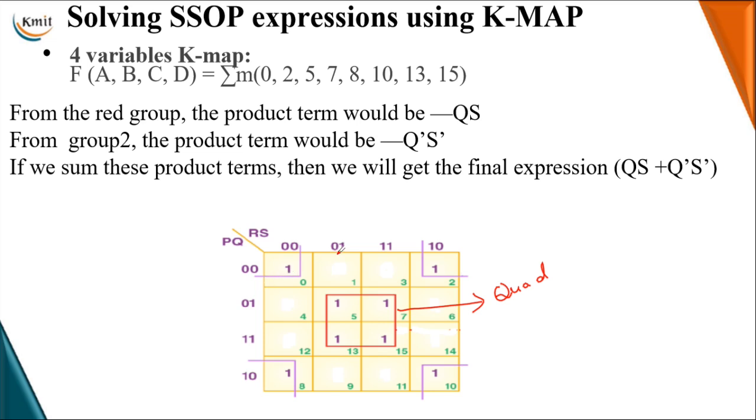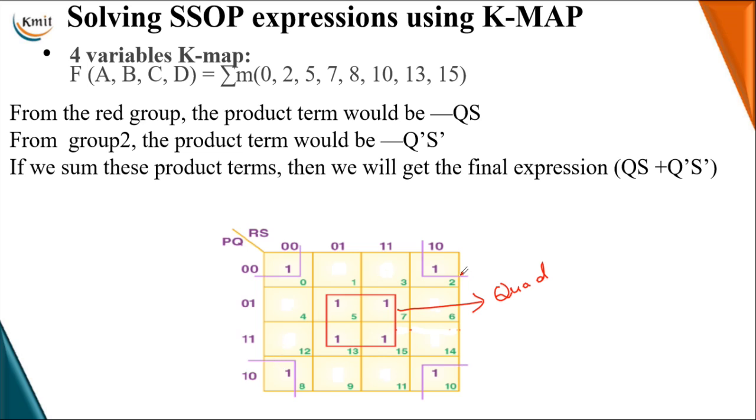Here 0 is adjacent to 2, 2 is adjacent to 10, 10 is adjacent to 8, 8 is also adjacent to 0, because 0 and 8, 2 and 10 are in the right corner as well as the left corner, in the upper row as well as the lower row. So the corner cells are adjacent here, hence we can make a quad with 0, 2, 10 and 8.